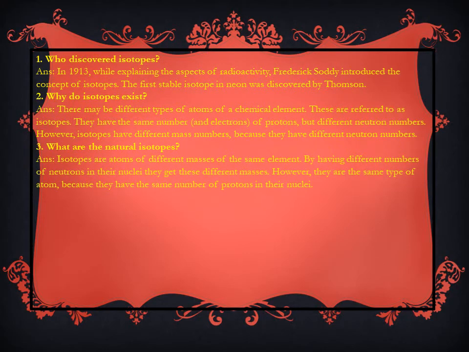Third, what are the natural isotopes? Isotopes are atoms of different masses of the same element. By having different numbers of neutrons in their nuclei, they get these different masses. However, they are the same type of atom because they have the same number of protons in their nuclei.